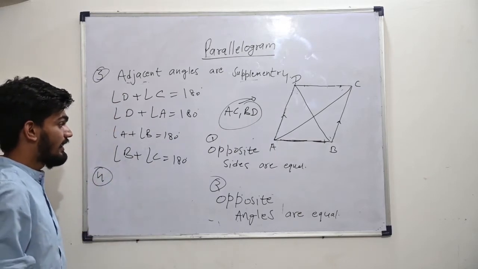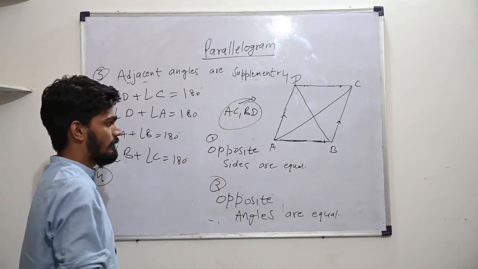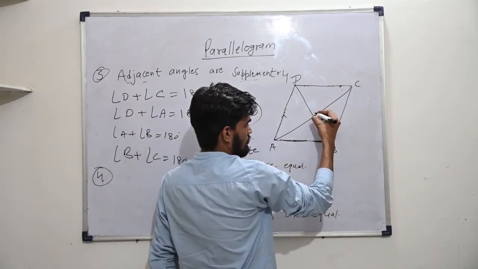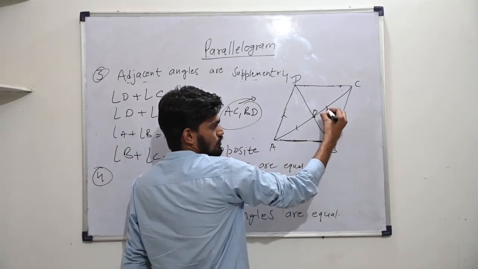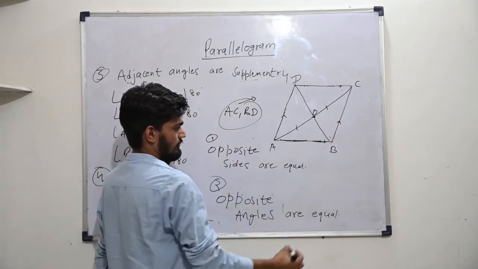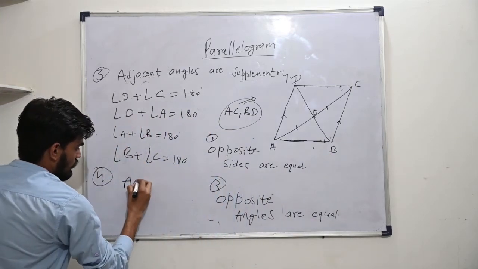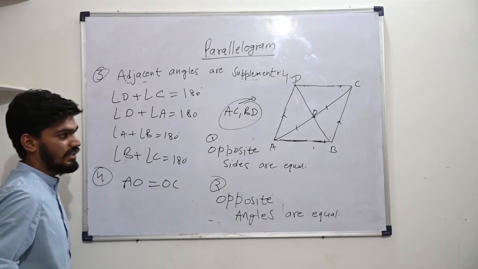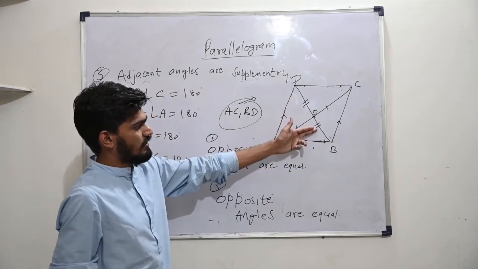Fourth property, that diagonals bisect each other. That means, let's say this is point O, then AO is equal to OC. Okay, I will write down here. Fourth property here: AO is equal to OC, as well as DO is equal to OB.